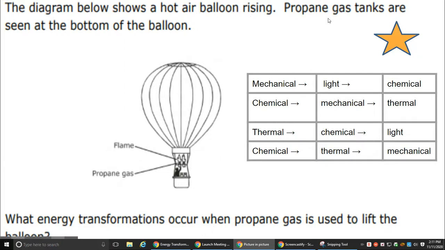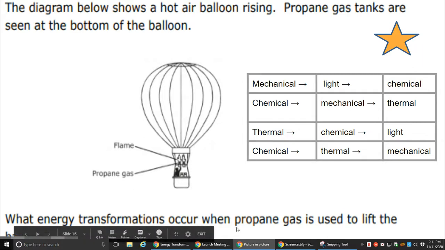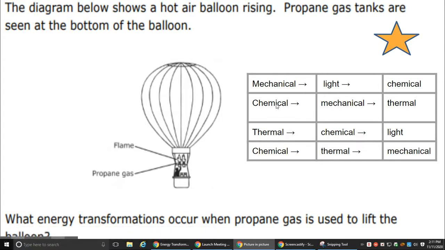The diagram below shows a hot air balloon rising. Propane gas tanks are seen at the bottom of the balloon. What energy transformations occur when the propane gas is used to lift the balloon? So propane gas, remember, a gas is chemical energy, right?